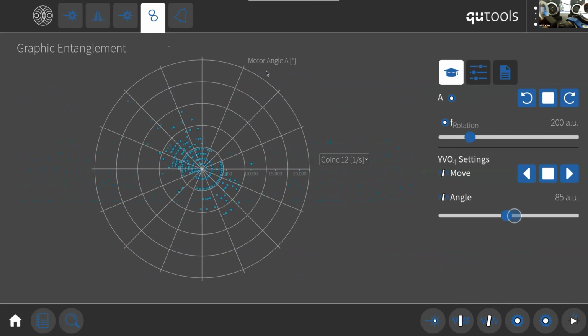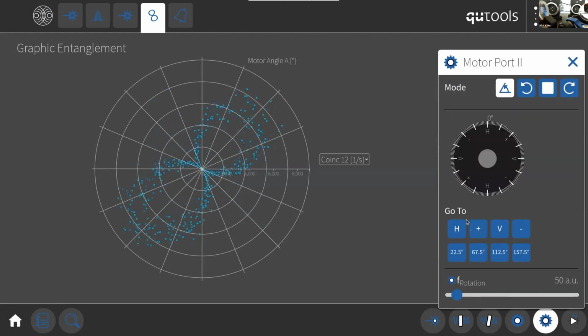As the angle of this polar diagram, I plot directly the angle of one of the polarizers, and as the radius, I use the count rate that was recorded at this angle. And I use the coincidence count rate because, again, we want to look only at the pairs. So what I'm going to do here is set one of the polarizers into motion, and it's going to rotate continuously. And I can control the other one with the manual controls over here.